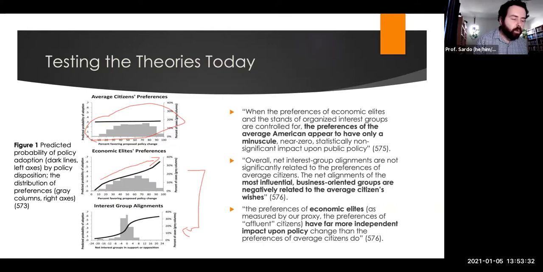Not only are the interests of the economic elite what have impact on policy change, but interest groups favor the economic elite, not the average citizens. The interest groups don't actually respond to their members' wishes, but to the economic elite. And so this article was published in 2014, and it got a significant amount of buzz.